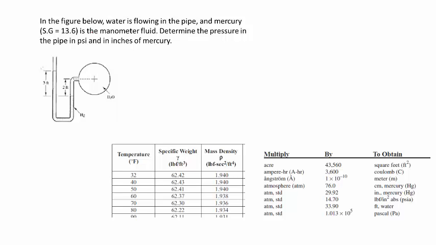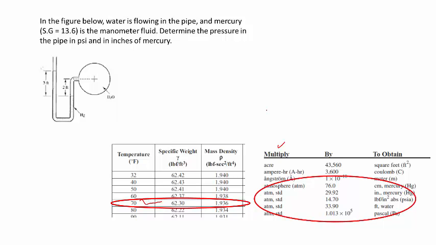So we need a specific weight of water, and we can assume around 70 or 25 degrees Celsius, more or less. And then we have also here in your FE manual the conversion factors. So we'll use this, and we have the conversion factors that we'll use in just a minute.